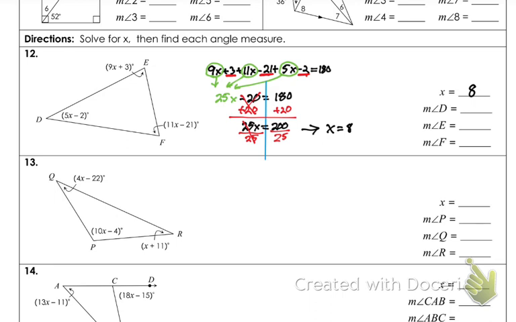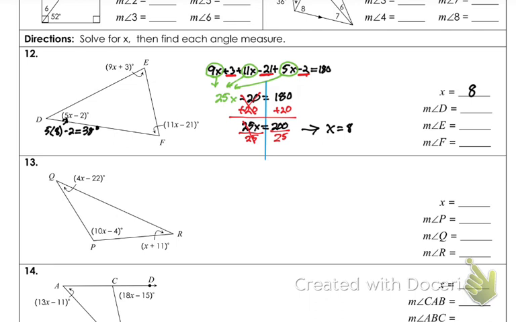This says 5 times something minus 2. I found out that something is 8. So rather than 5 times something minus 2, this is 5 times 8 minus 2. And 5 times 8 is 40, minus 2 is 38 degrees.